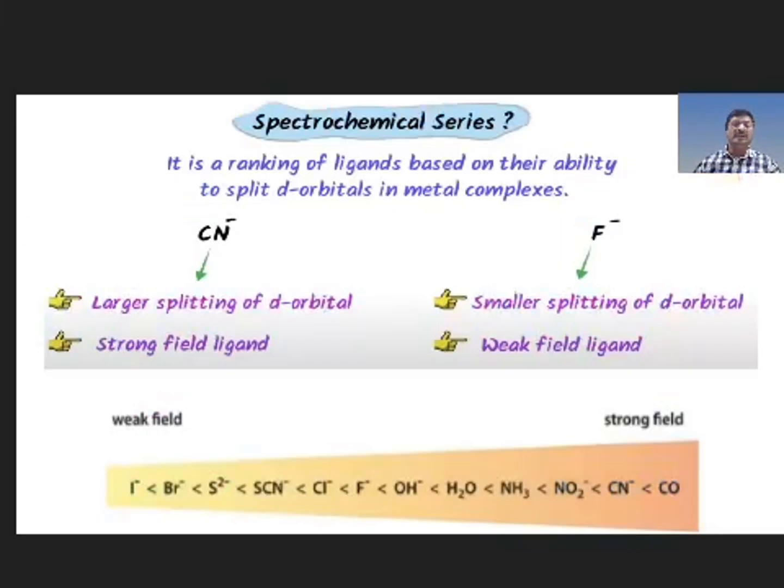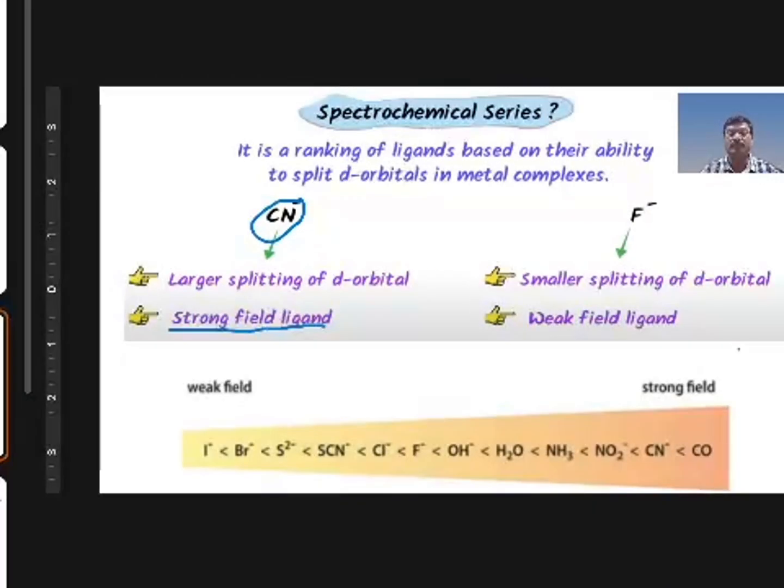To understand this, let us come to strong field ligand and weak field ligand. If the ligand has more repulsion toward the central metal ion orbitals, that is called a strong field. If it has more repulsion toward the orbitals, it is a strong field.